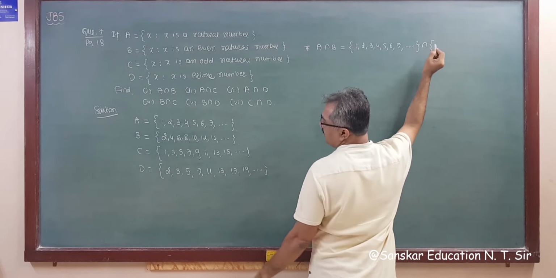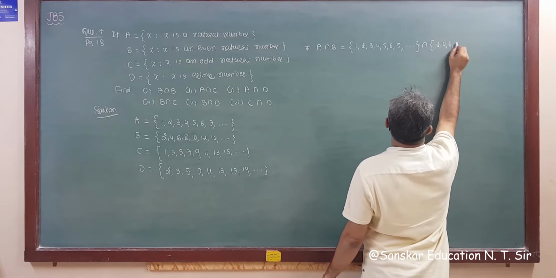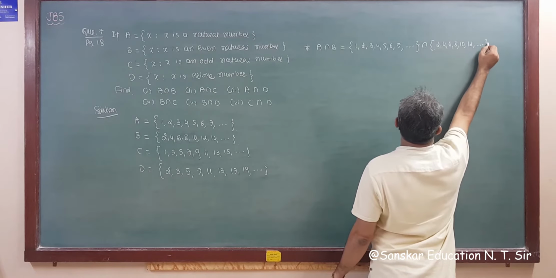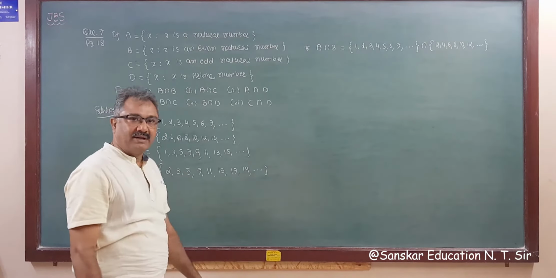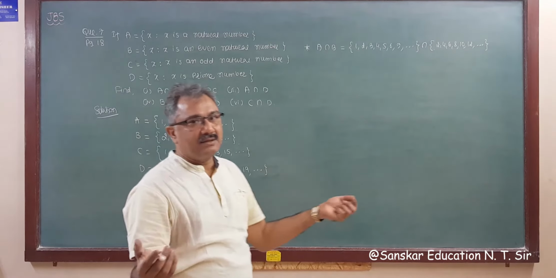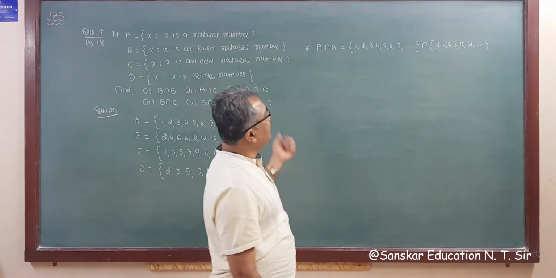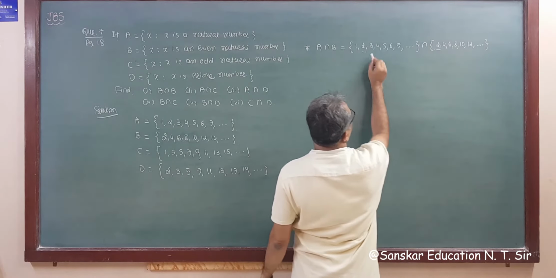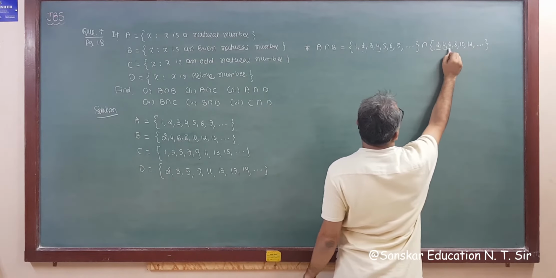Intersection set B is 2, 4, 6, 8, 10, 12, and so on. Right. So now intersection. Intersection means the common points, which are our answer. So the common points are 2, 4, 6.